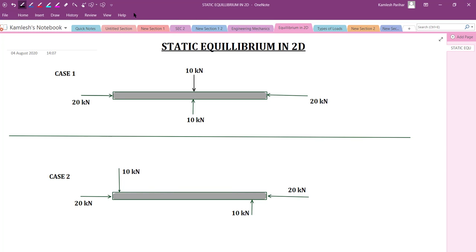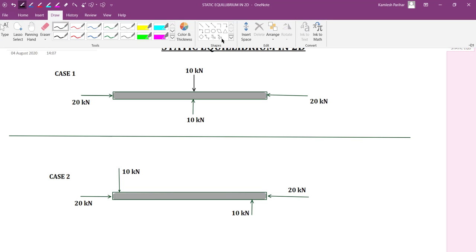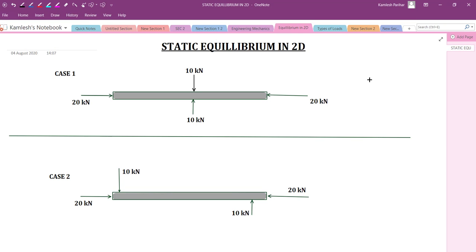So if I draw the axis system again, say this is the axis system that we are using. This is plus x-axis, this is plus y-axis, this is minus x-axis, and this is minus y-axis.